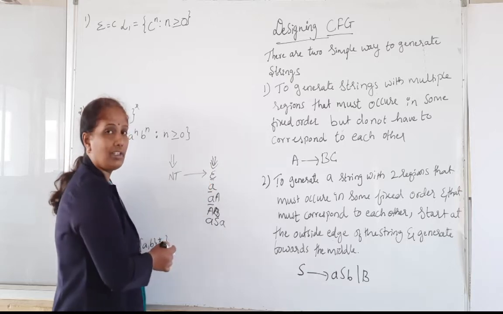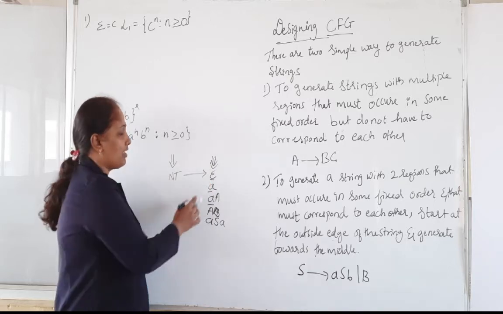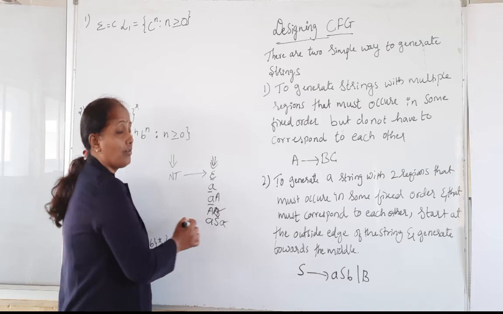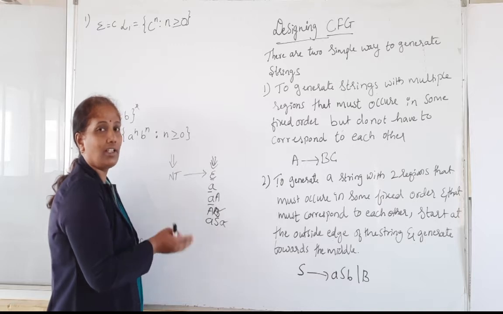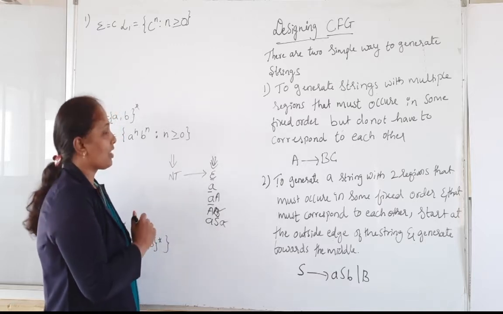All these are valid in a context-free grammar, whereas such productions are not valid in a regular grammar. Only this much is the difference between context-free grammar and regular grammar.